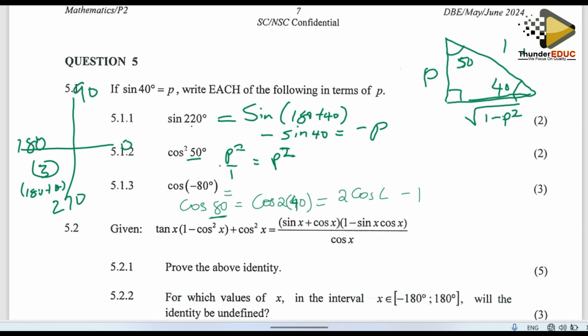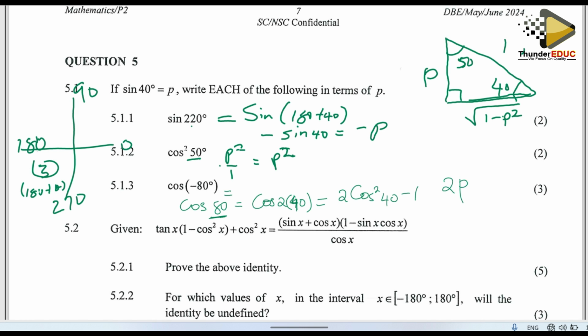From the formula page, we have 3 formats of cos 2theta. We know that the cos of 40 is adjacent over hypotenuse, which is p. So it's going to be 2p² minus 1, and that's the answer I'm going to end up with.